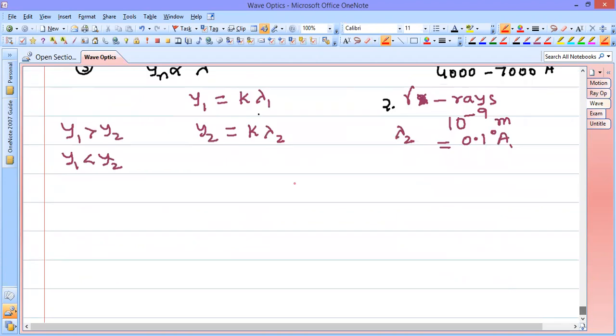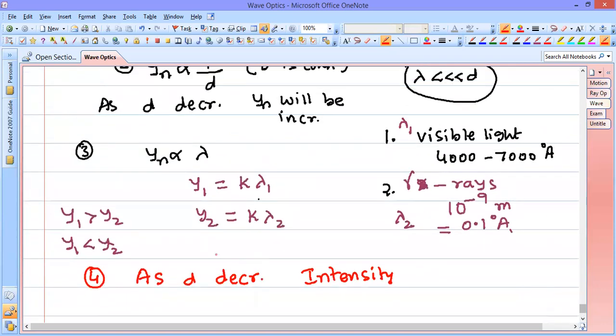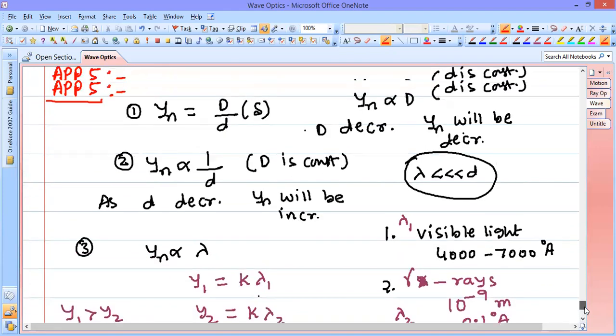Now, with respect to these, observe carefully. I'll show the diagram. As the distance between the slits decreases, what happens to intensity? As the distance decreases, fringe width will be increases.